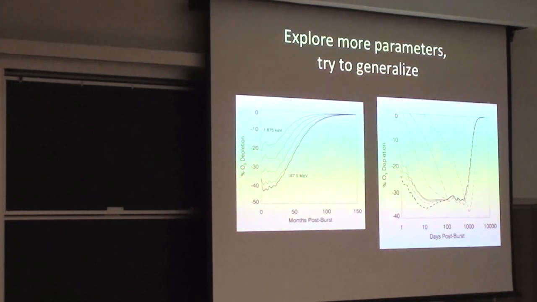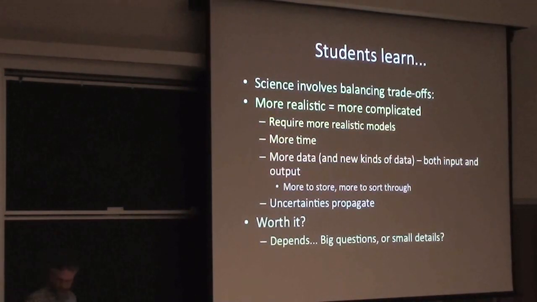Okay, so some of the lessons that I hope students take away from this kind of work. There's a lot of trade-offs in doing any kind of science. In particular, in doing computational science. So my two-dimensional model of the atmosphere is limited. It doesn't include zonal transport, which may be important for some things I want to look at, like temperature changes.